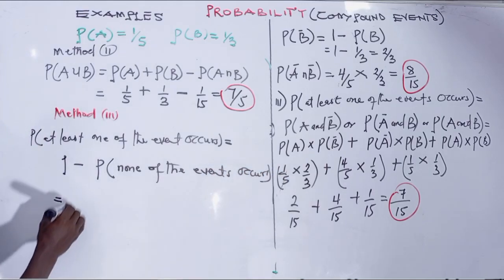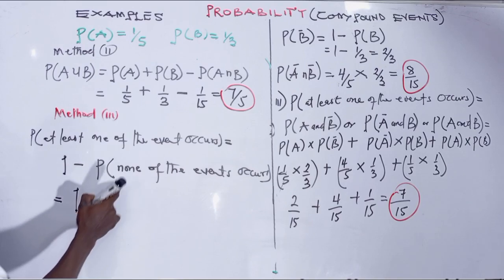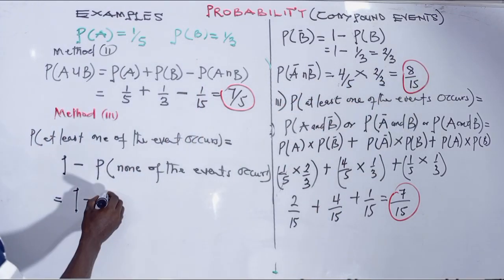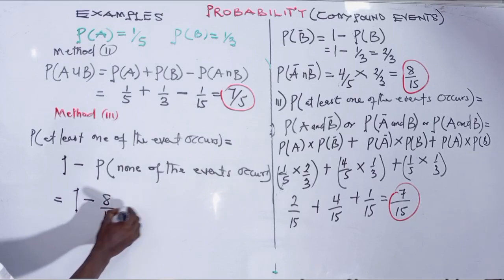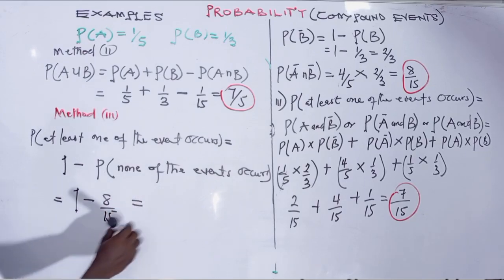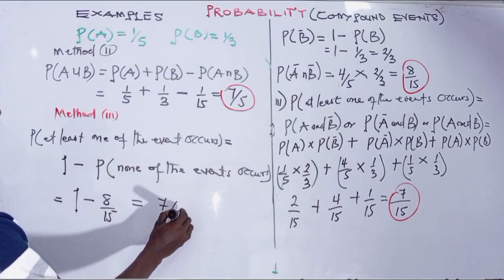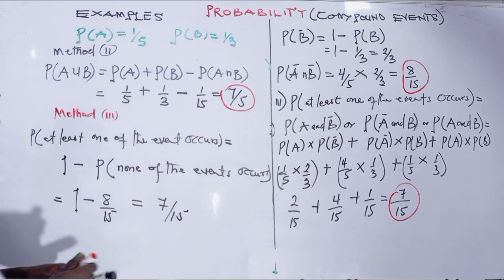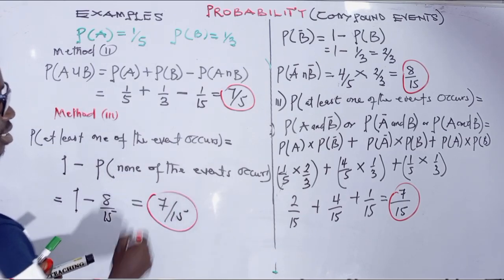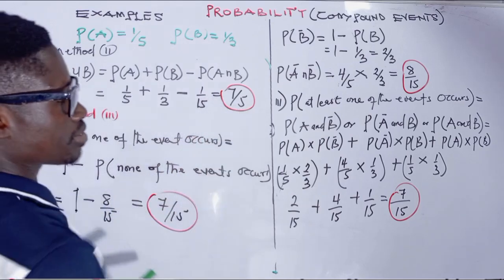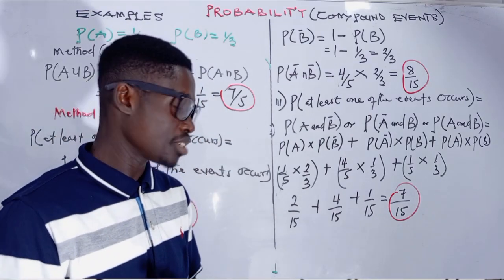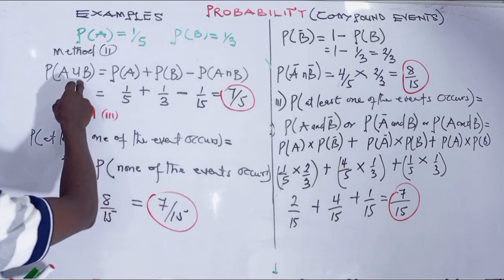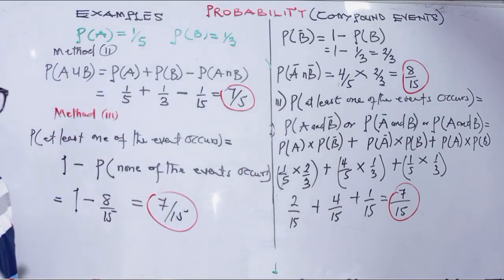So we are going to have 1 minus none of the events occurs. We had 8 over 15, so we have 8 over 15. And when you do your subtraction, we are going to get 7 over 15. So the probability that at least one of the events occurs is still 7 over 15. So you can use any of these methods, either this, the addition law, or the complementary rule.